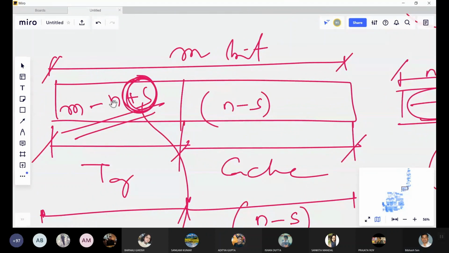In direct mapped cache, it is M minus N plus S. Did you get my point? Yes, sir. Here, what is M? M is given as P. P minus N, N is also given as capital N. So P minus N plus log 2 k, because S will be converted to the number of cache lines. Here S is given, so 2 to the power S will be divided by log 2 k. Are you getting my point or not?